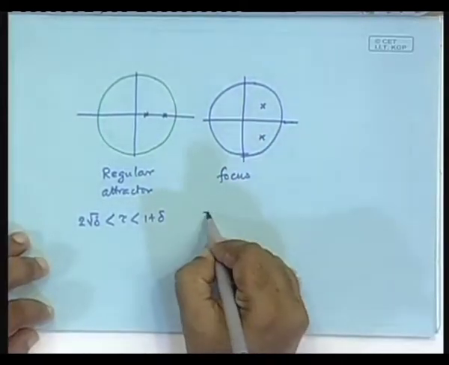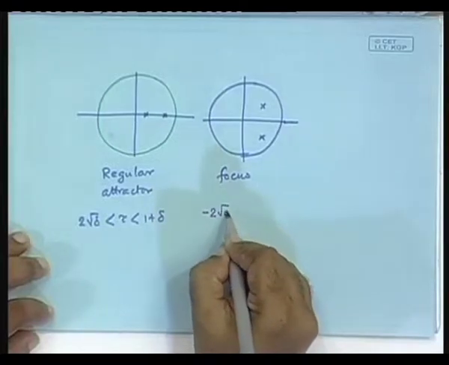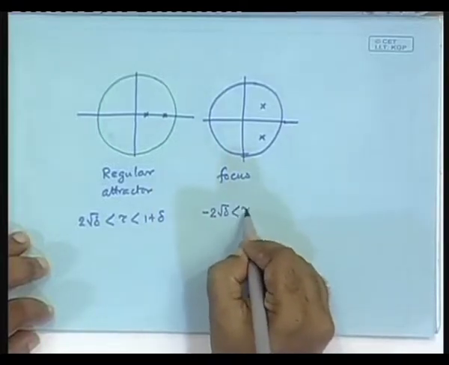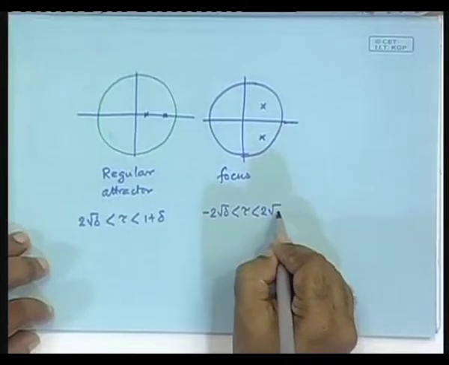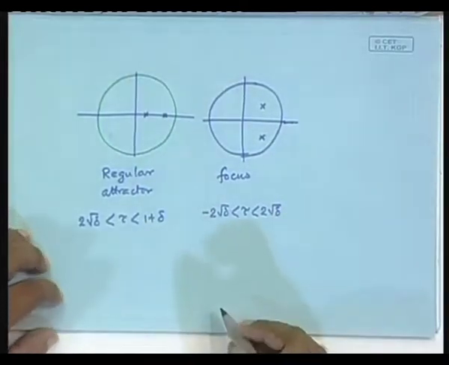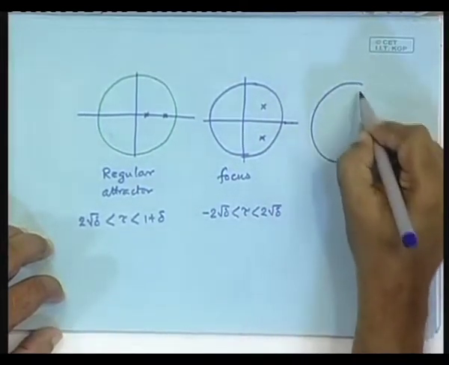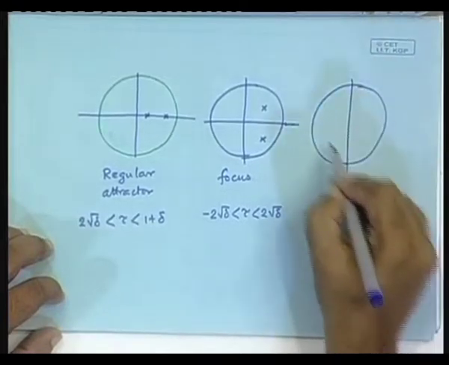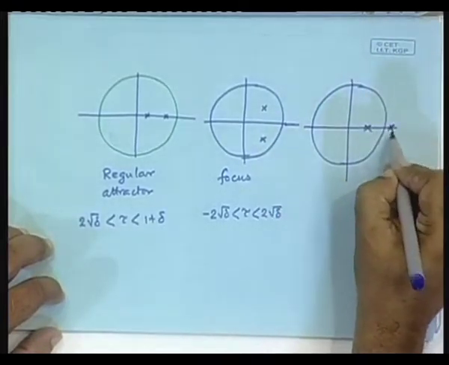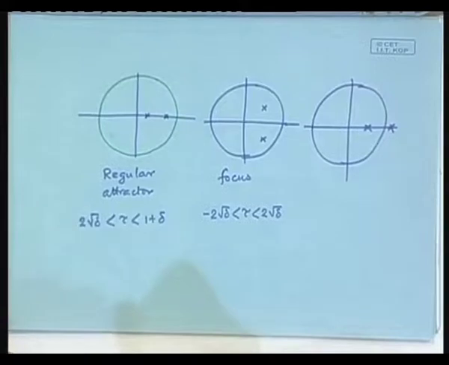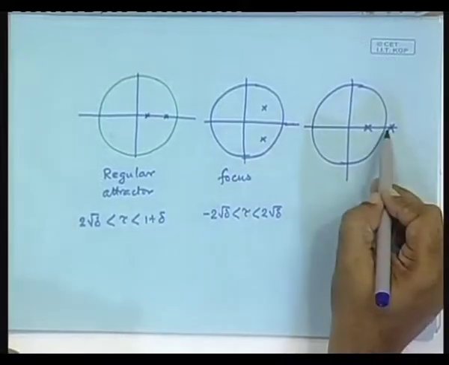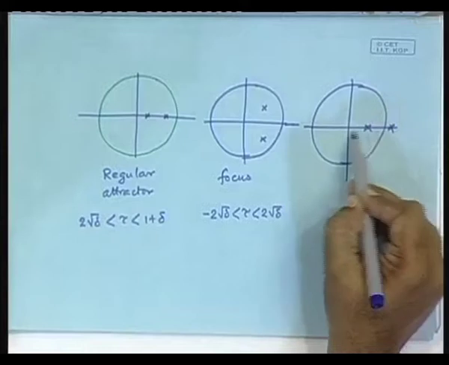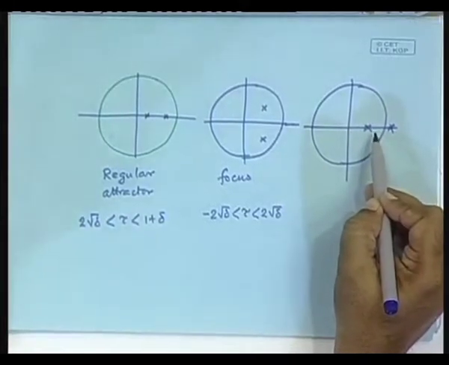and that happens when it is between -2 root delta. When will this condition occur? What is it called? A fixed point outside the unit circle, a fixed point inside the unit circle, both real. It is a regular saddle.